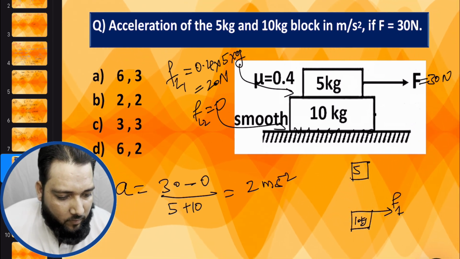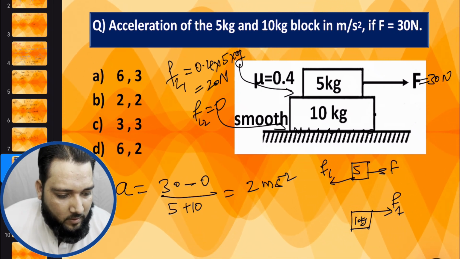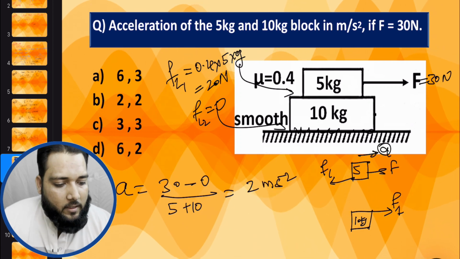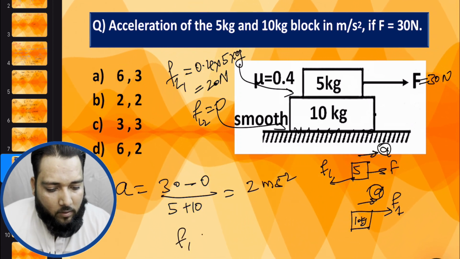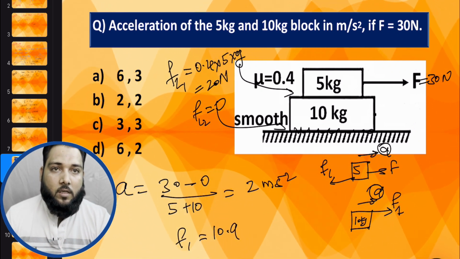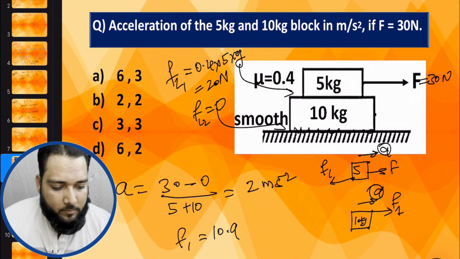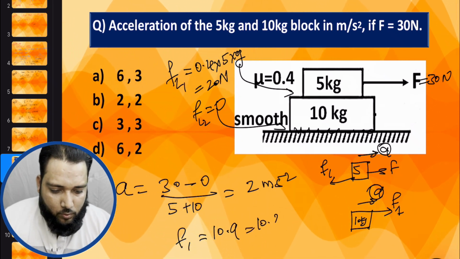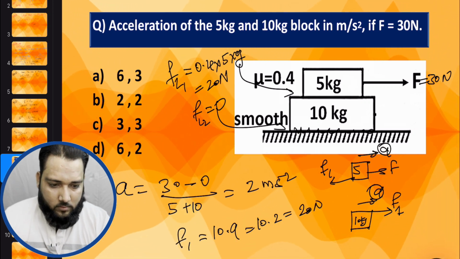And for 5 kg, if you draw the free body diagram, this will be F1, this will be F. Both the blocks will be moving with the same acceleration A. So we can write for 10 kg, F1 is equal to 10 into A, mass into acceleration. The acceleration we have calculated as 2, so 10 into 2, that is 20 Newton.